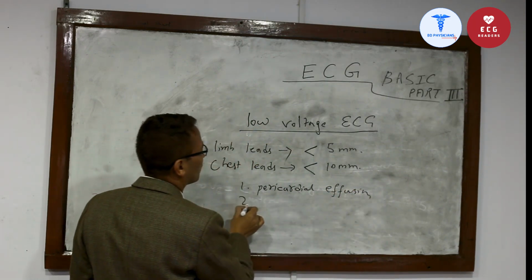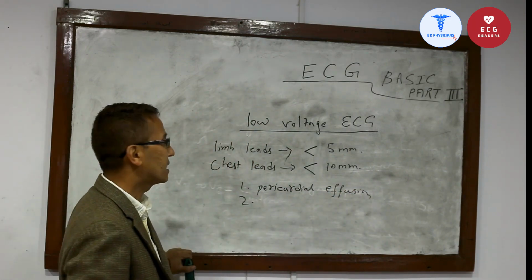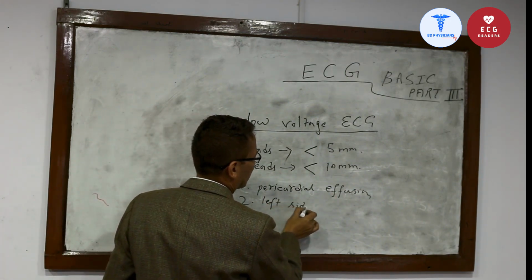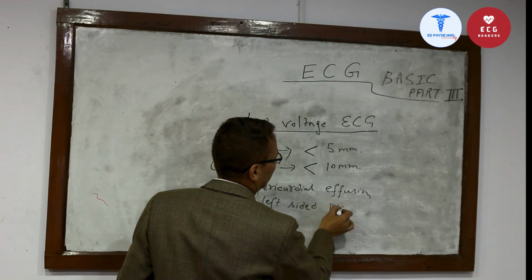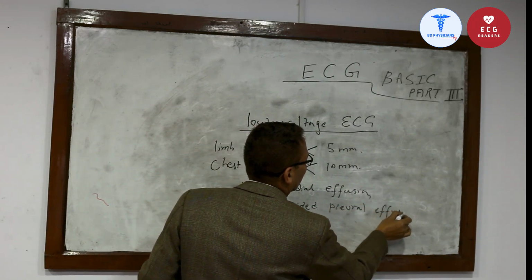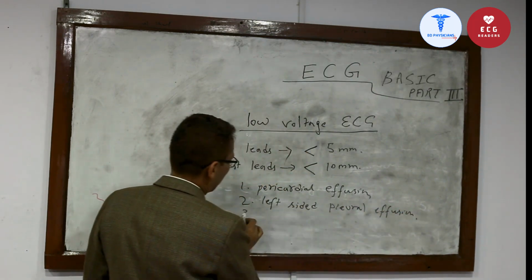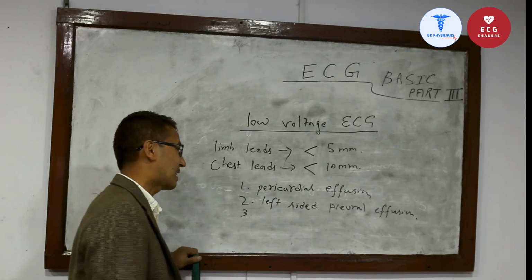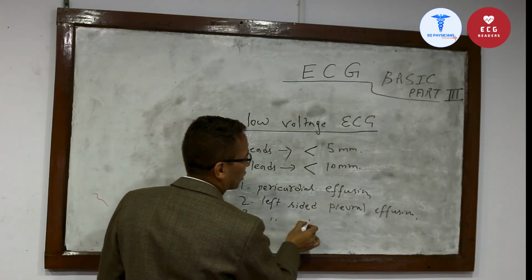If there is collection of fluid in the left-sided pleural space, that is called left-sided pleural effusion. Another condition is collection of blood on the left side, called left-sided hemothorax.